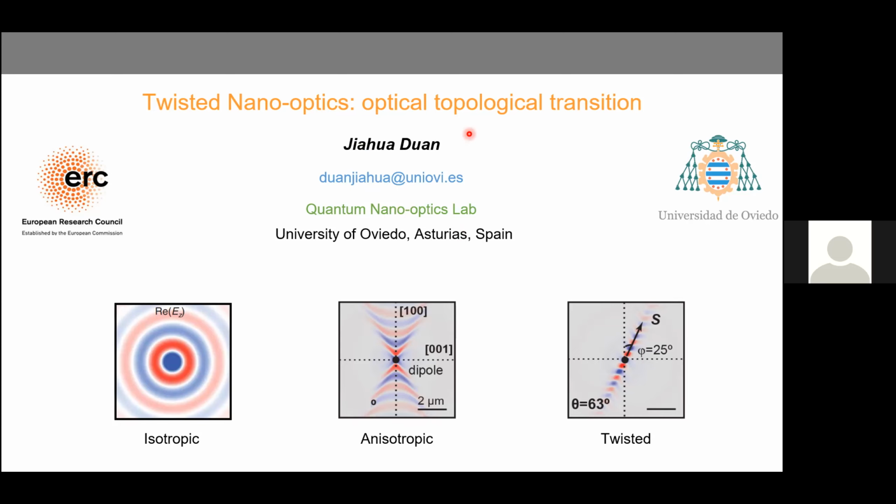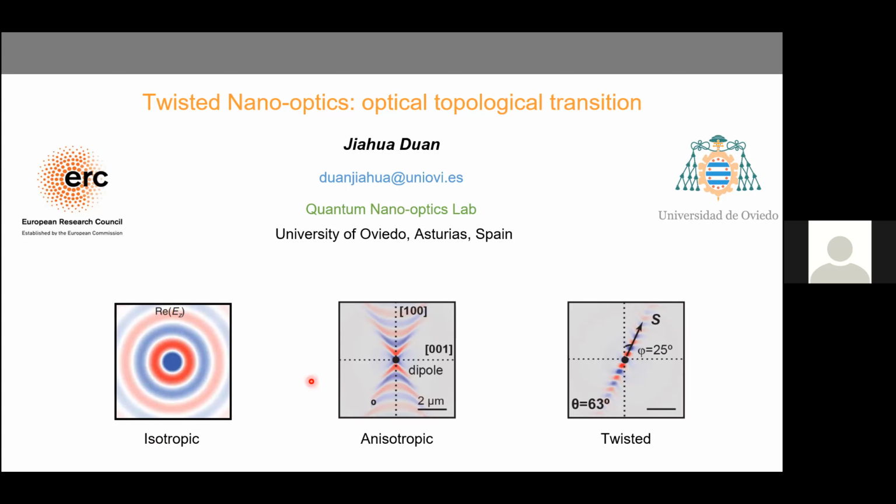In these three images, I just want to give you a brief impression of how different the wavefront can be in different media. If we imagine an isotropic medium, we throw a stone into water, and then we have a wavefront that is circular.